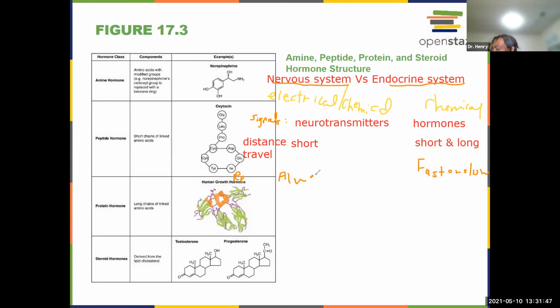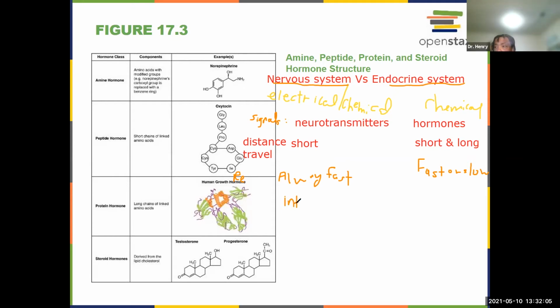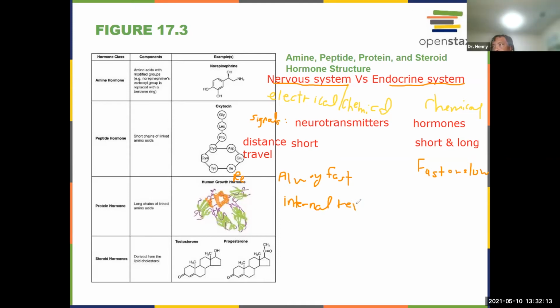Okay, and the environment target. The nervous system is going to be targeting which environment, internal or external? Internal. We're not going to have any external targets? Wait, hold on. We have touch, smell. So internal and external. That's right. Then what about hormones?